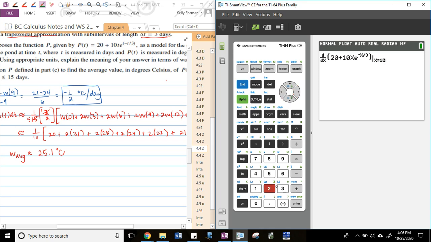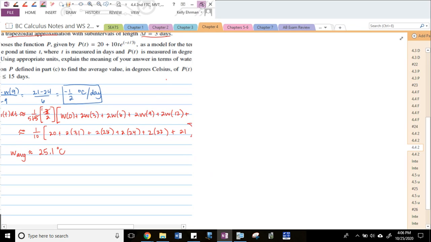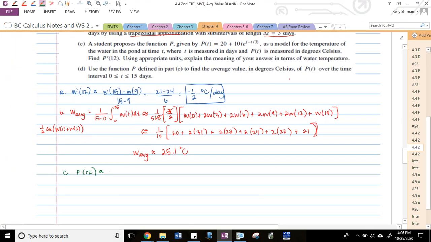When x equals 12, I'm just doing a quick check. I'm getting negative 0.549. Degrees Celsius per day.